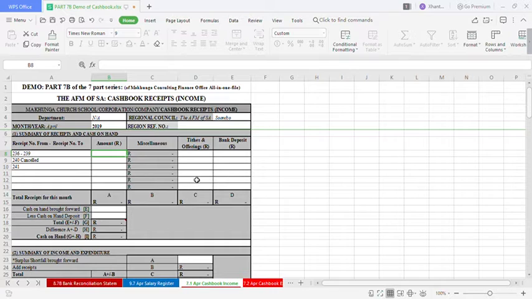From receipt number 236 to 239 of the case study, 67,736 rand was the income, and of that amount, 60,765 rand was for tithes and offerings, and the whole amount of 67,736 rand was deposited. That left us with nothing at cash on hand.